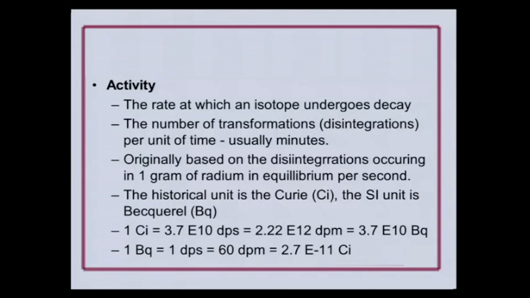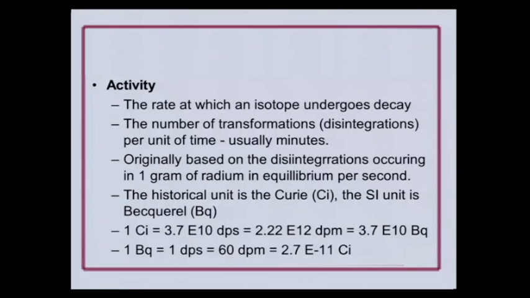And the number of atoms that are doing that over a period of time, we discovered, is a measure of what we call activity. It's a measure of the quantity of radioactivity transpiring, the number of atoms that are undergoing this transmutation per unit of time. And usually we express it in terms of minutes. But it can be expressed in any terms of time. It really doesn't matter.